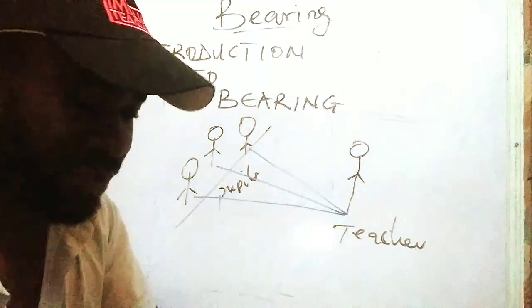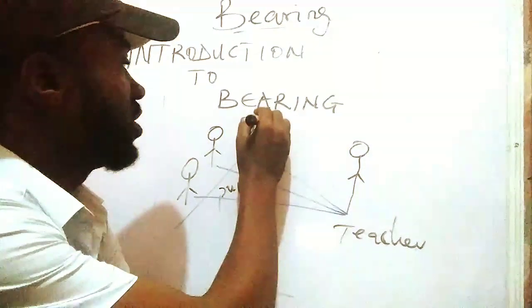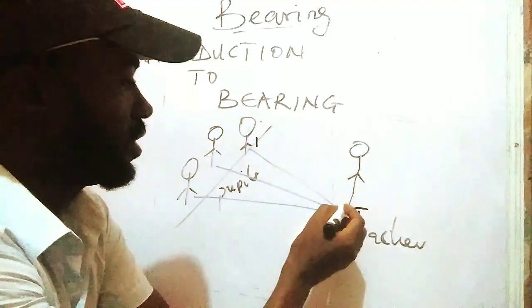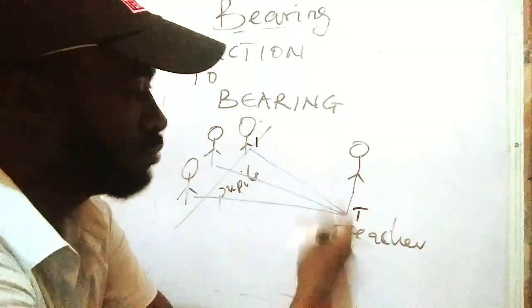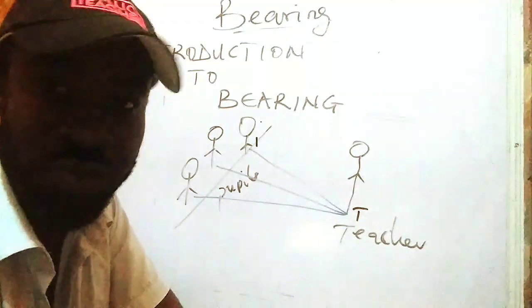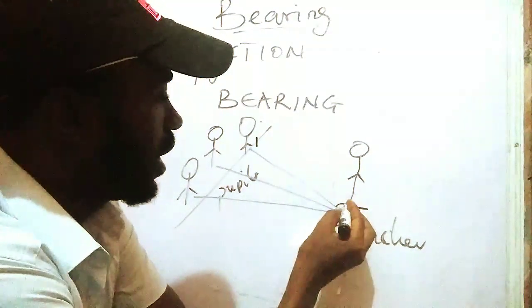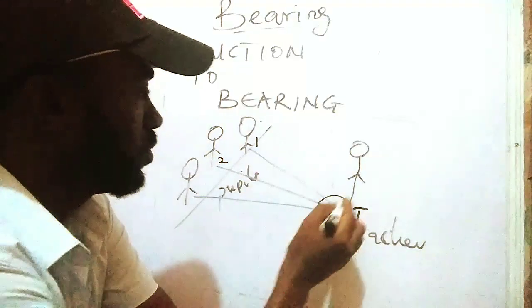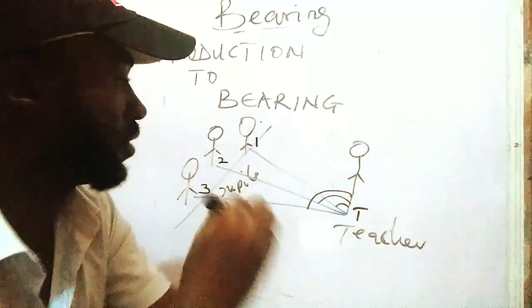So in this case, the bearing between this pupil 1, let me call this pupil 1, and the teacher, the angle here, which is often measured either clockwise and anti-clockwise if we are dealing with compass bearing. So the angle here between and the angle here for this other student, student 2, and the angle here between this other student, student 3.